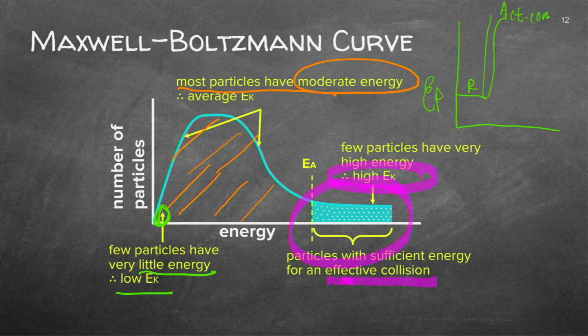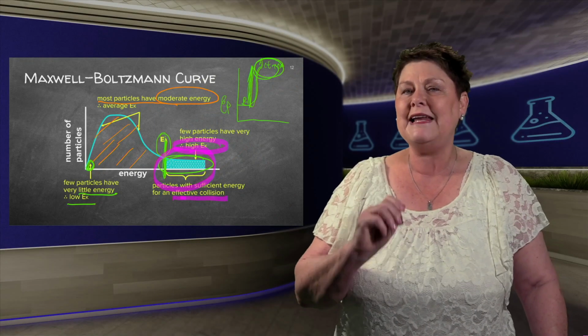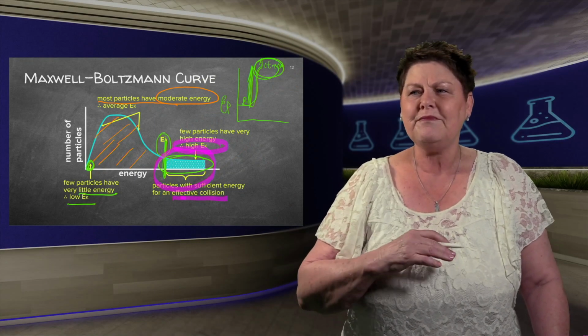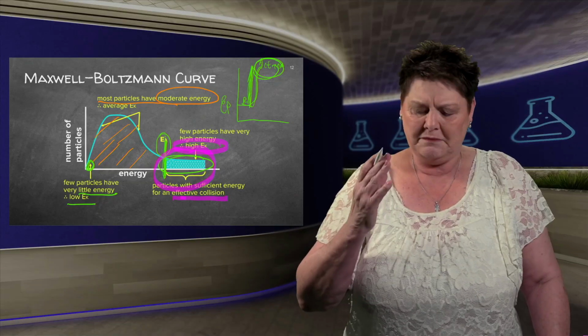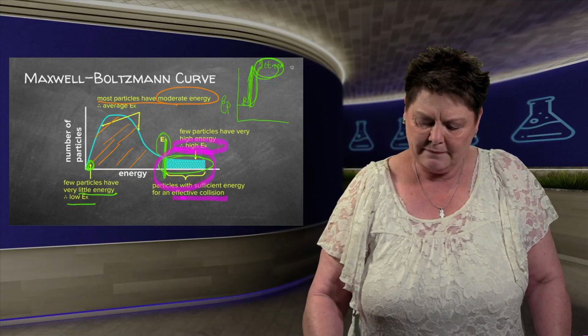Well, this energy here, the activation energy, is indicated on this graph. So those that reach the activated complex have enough energy to have a good reaction and take place.